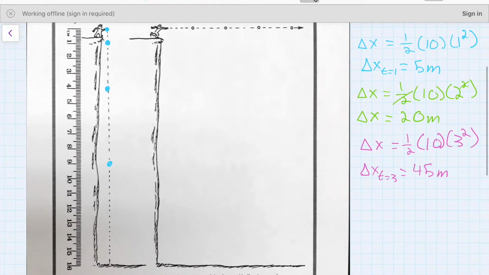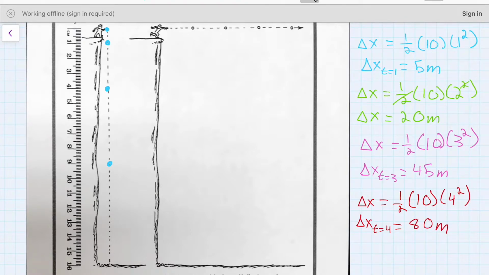And let's try going one farther. The displacement is equal to 1/2, and now our time is actually 4 seconds. So 10 times 4 squared. The displacement at t equals 4 seconds is: 4 squared is 16 times 10, which would be 160, divided by 2, and that would be 80 meters.